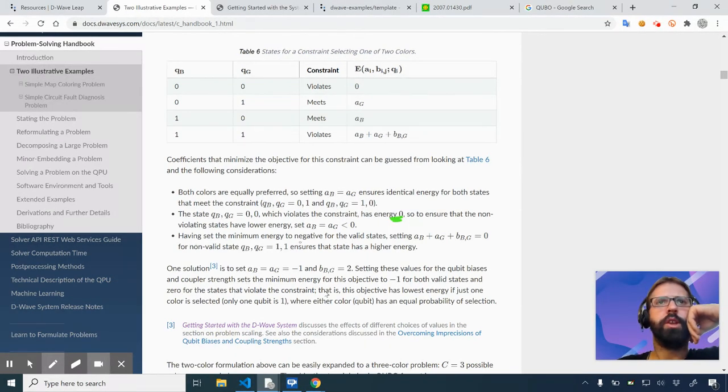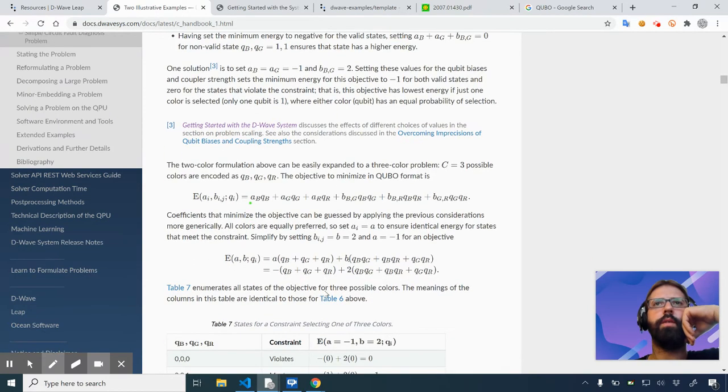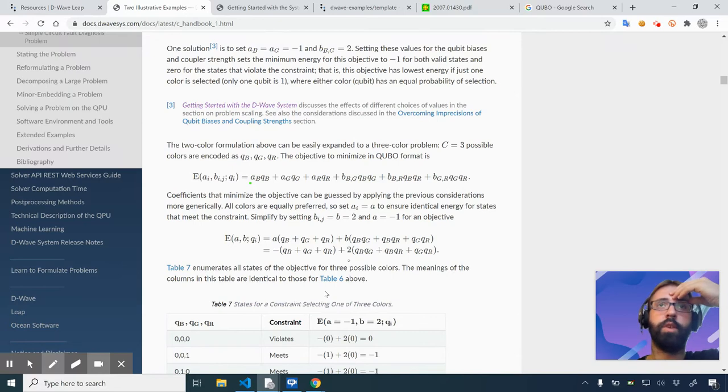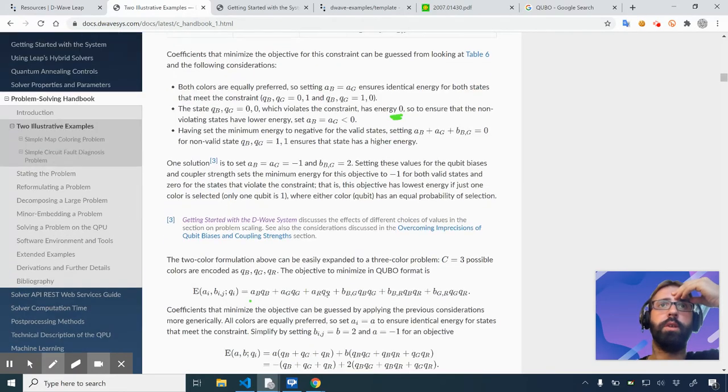Having set the minimum energy to negative for the valid states, setting AB plus AG plus BBG equals 0 for non-valid states like these ensures that state has a higher energy. Okay, so we're somehow setting up that valid states have negative energy, and non-valid states are everything else, so you define an equation so that you meet these criteria.